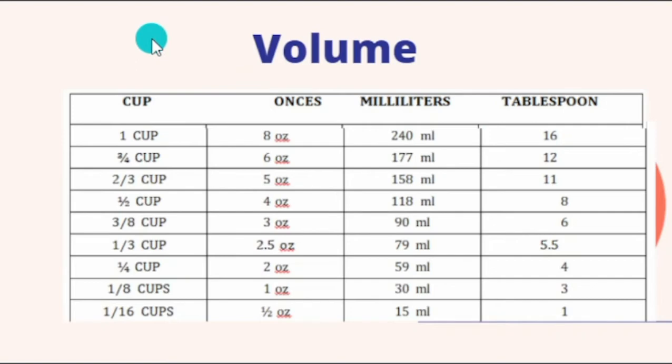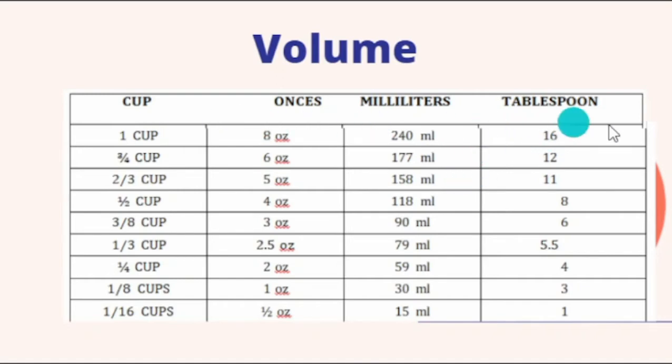Now, what if we have 2 cups? How are we going to convert it to ounces? So we just simply multiply 2 cups by 8 and we will have 16 ounces. What if we want to get milliliters? We're going to multiply 2 by 240 and we'll have 480 milliliters.